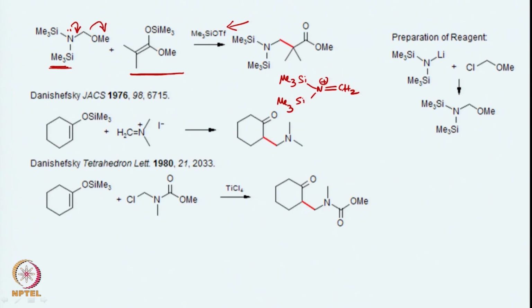So, now your enol ester here reacts onto this carbon and then you generate this species here.